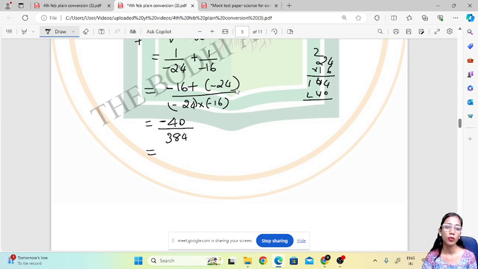Now we know that this is 1 upon f, but we want f, so this will be 384 upon 40. Now we have to solve this, so this will have a minus sign. 96 upon 10, this will be 9.6 centimeter, minus 9.6 centimeter.